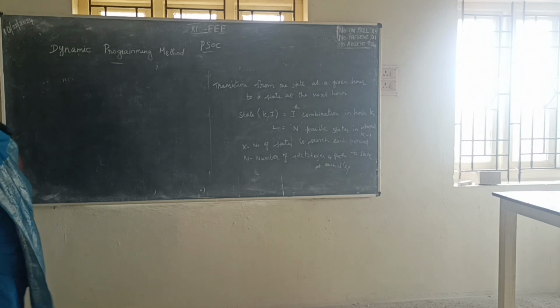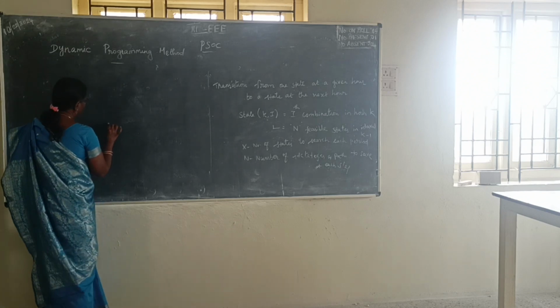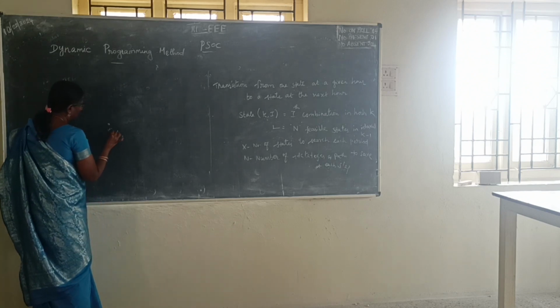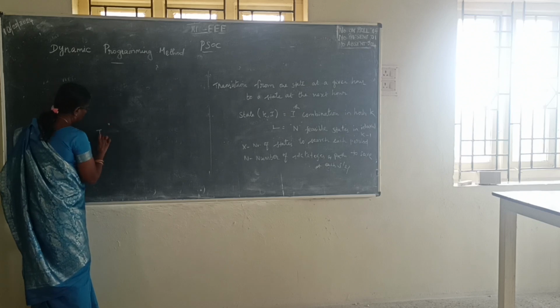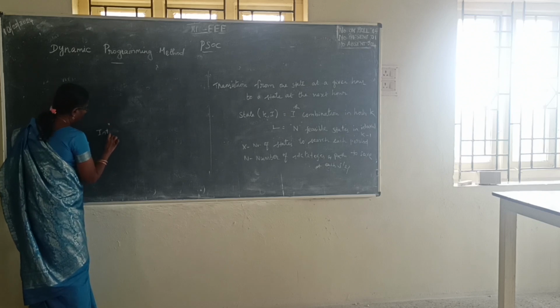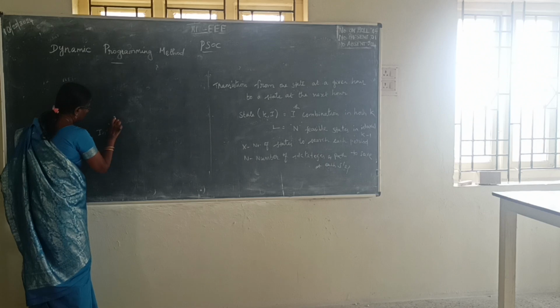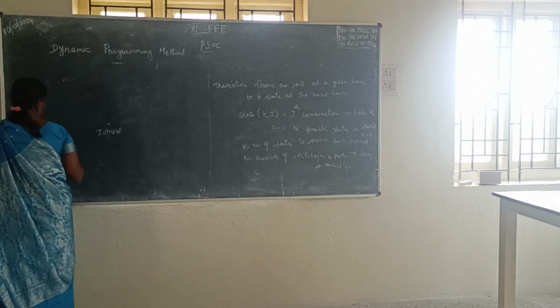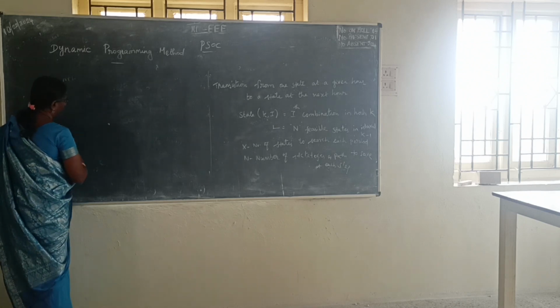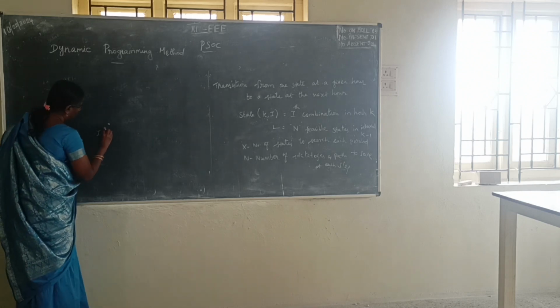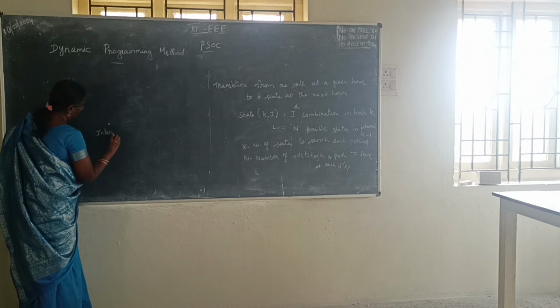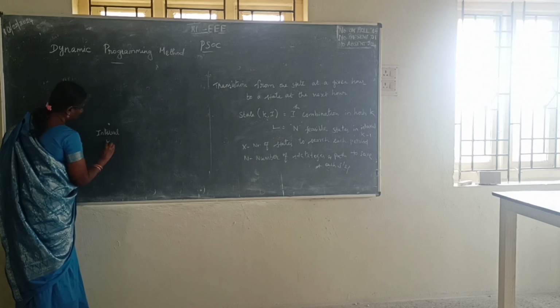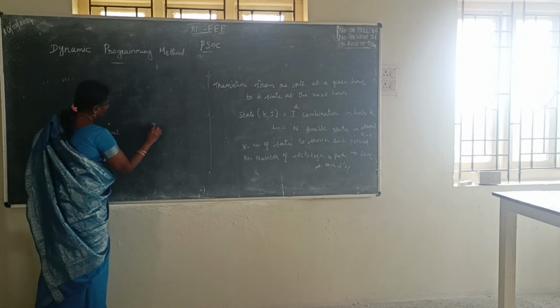Suppose you have the interval k minus 1, that is the interval, the next state interval k.